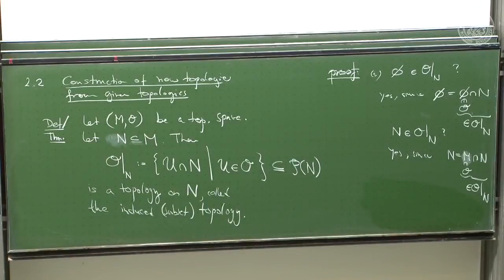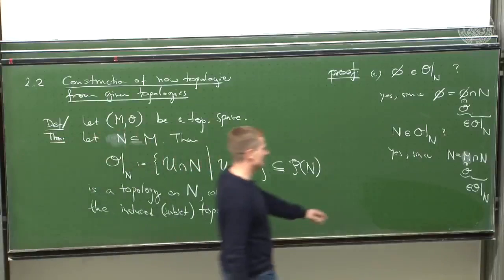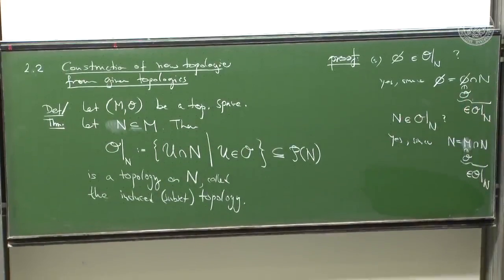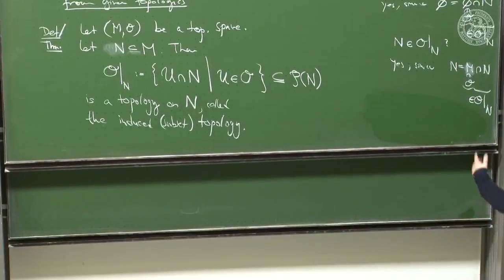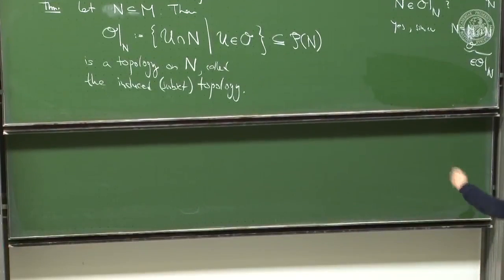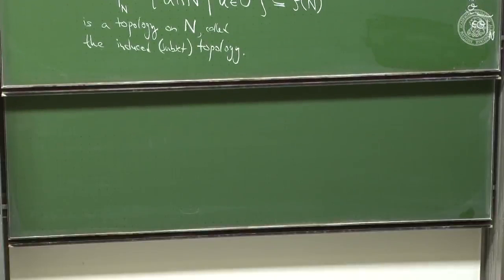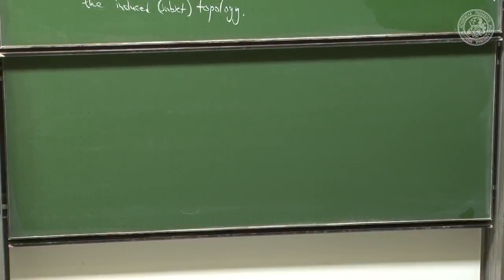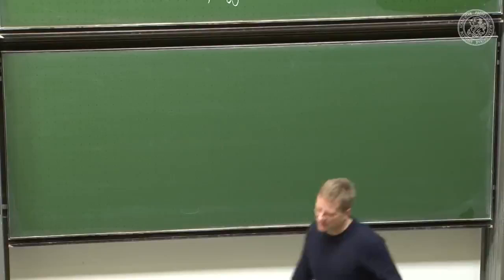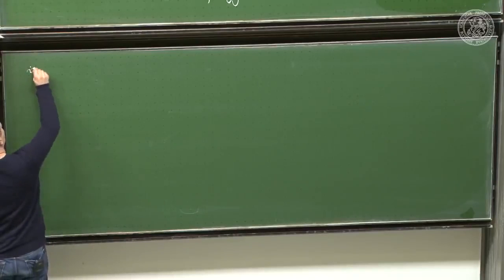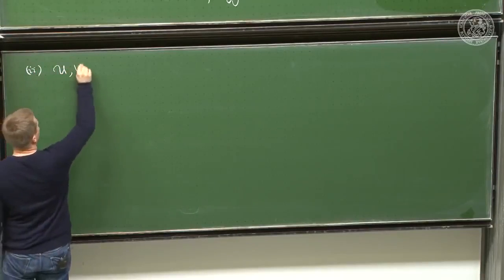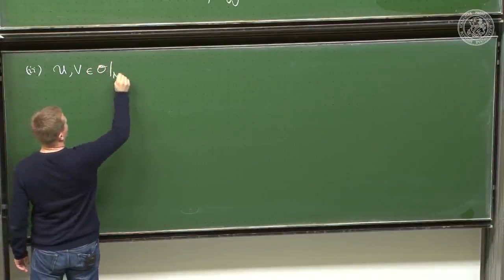So let's be more careful. Obviously, if I assume U and V are in the induced topology, I first need to use the definition of the induced topology for the sets there, and then I can draw conclusions. Okay. So second, assume U and V are in the induced topology.